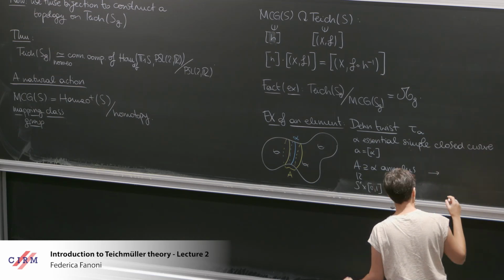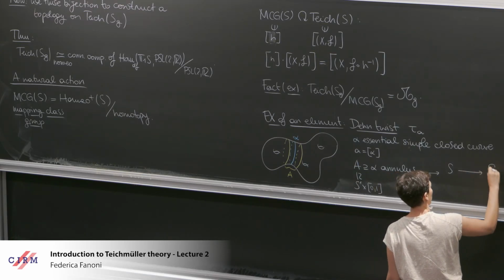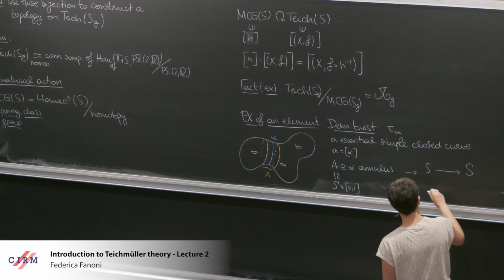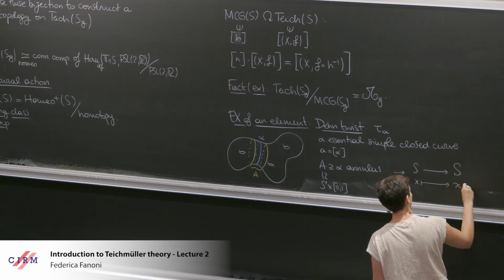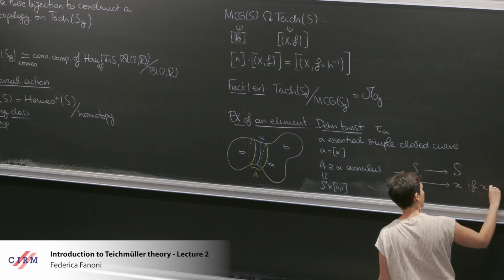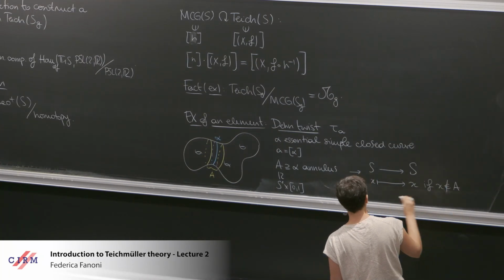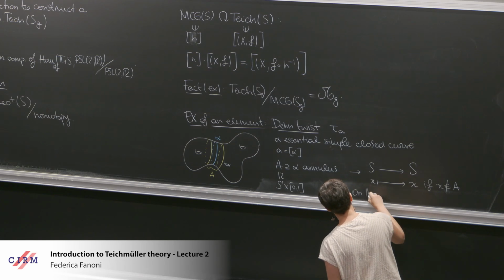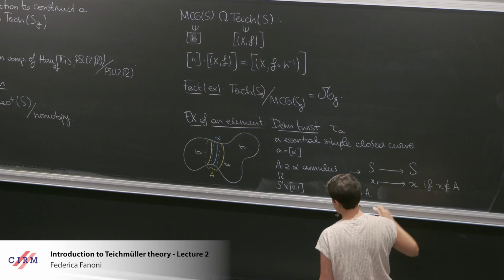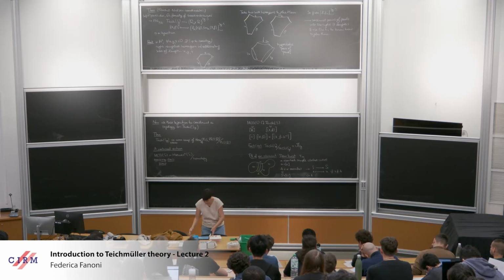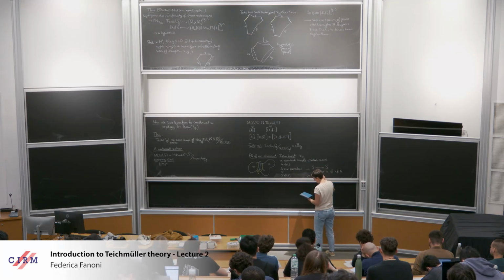So I define a map that goes from the surface to the surface, so that x is sent to itself if x does not belong to the annulus, and on the annulus, the map sends, and now I need to check the orientation of things.